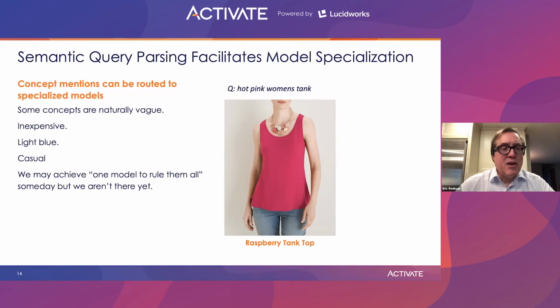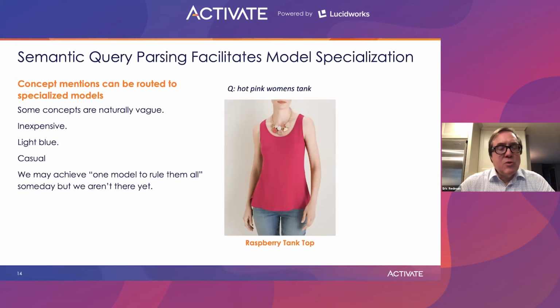Some examples: what if a query says inexpensive blue jeans, or light blue top, or casual leggings, something like that.